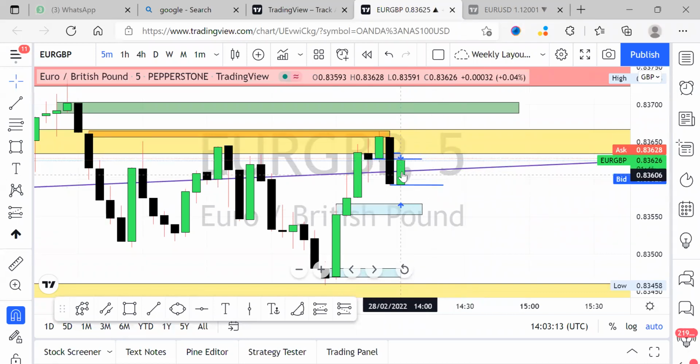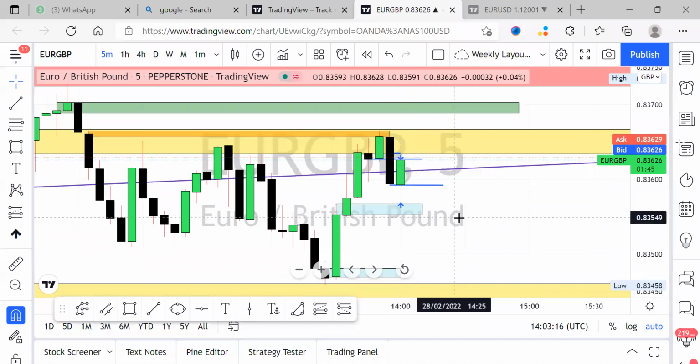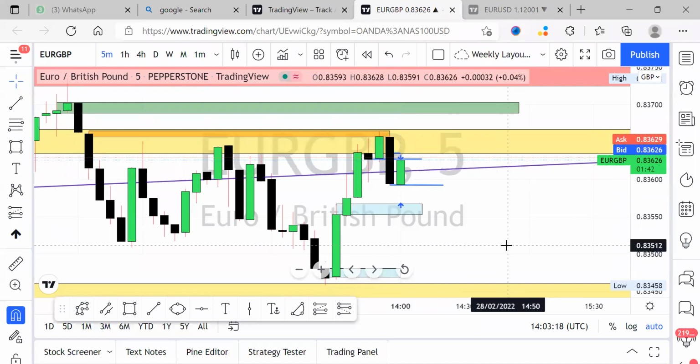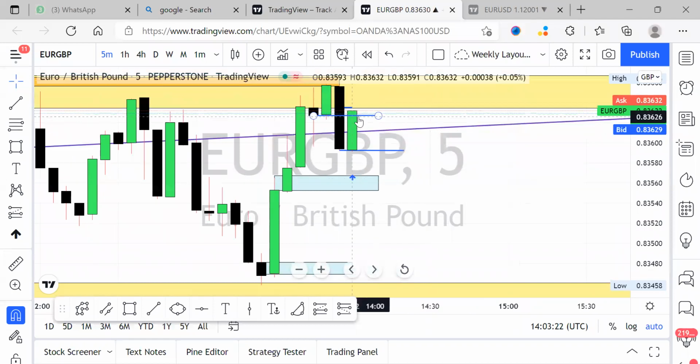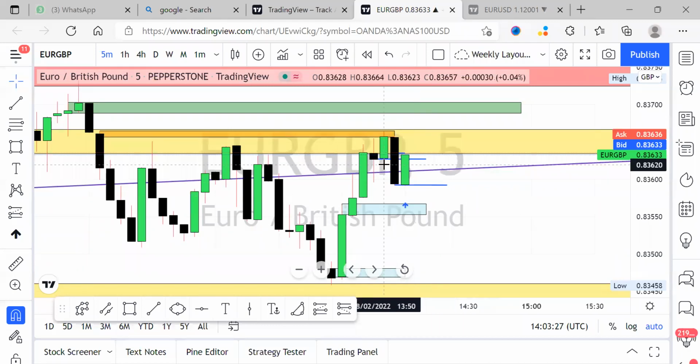Our green candle is stuck between those two. If you look carefully, it's going to take out our other stop, but the overall bias is the seller because it's coming from that area.